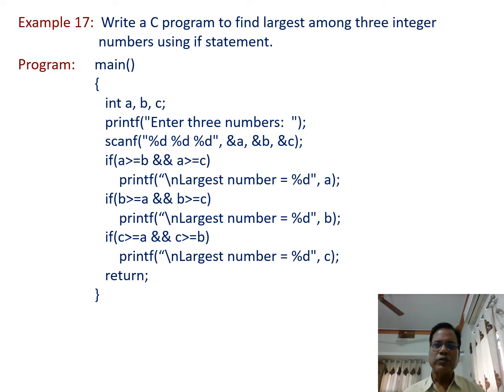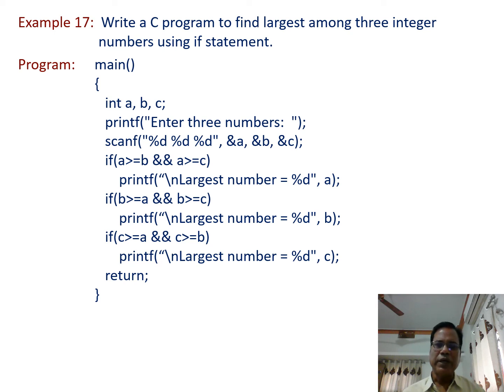The relational operator has higher precedence than the logical operator AND, so these two relational operations on the left side are evaluated first, and then depending on their result, the AND logic is evaluated.